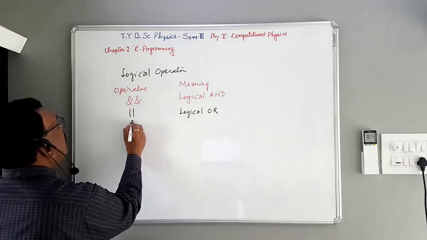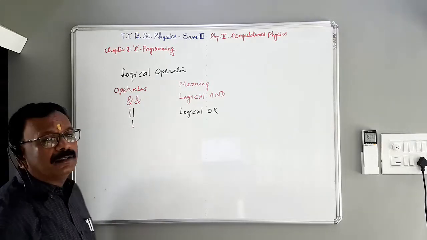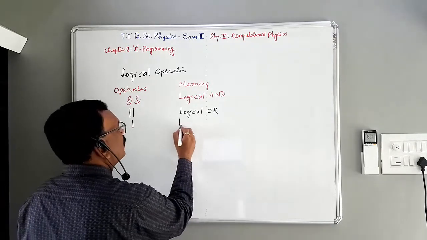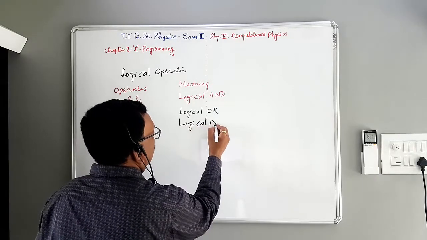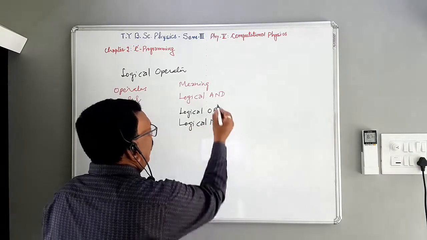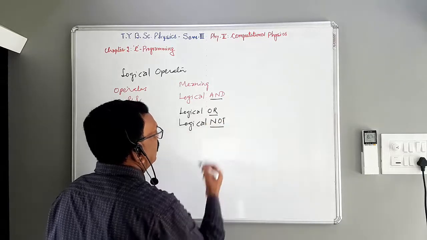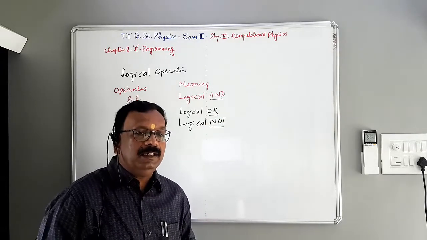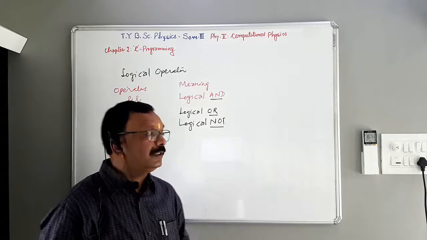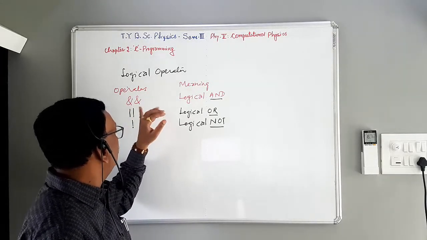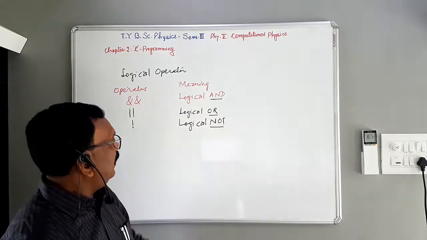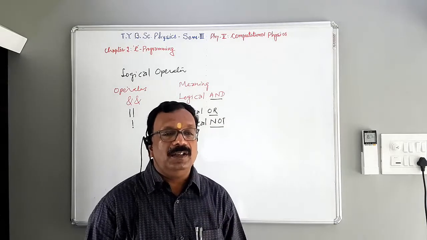And third basic logic gate is like this, logical NOT. AND, OR and NOT are basic logic gates, and according to this there are three logical operators used in C programming. Again, logical AND, logical OR and logical NOT.